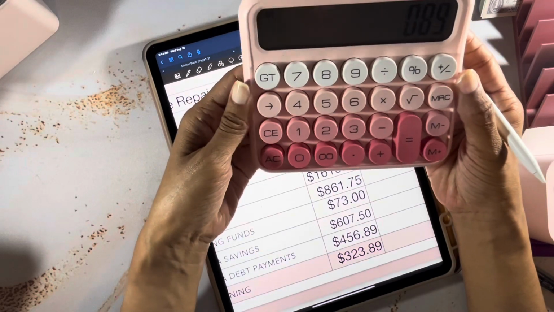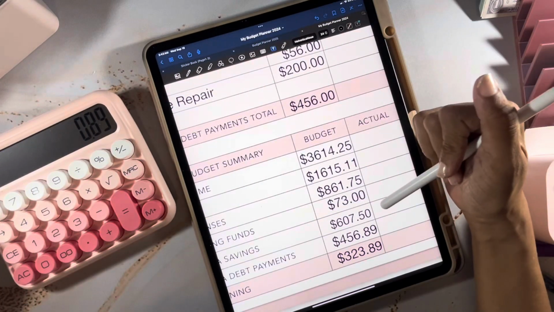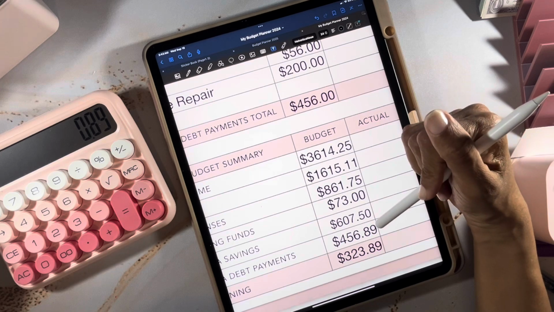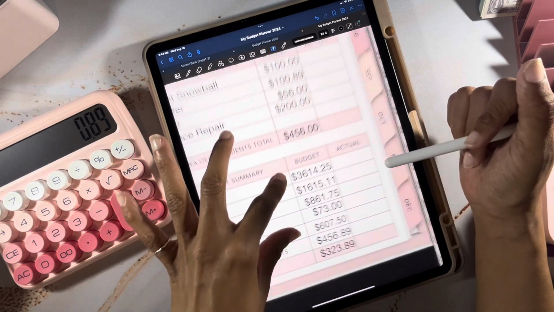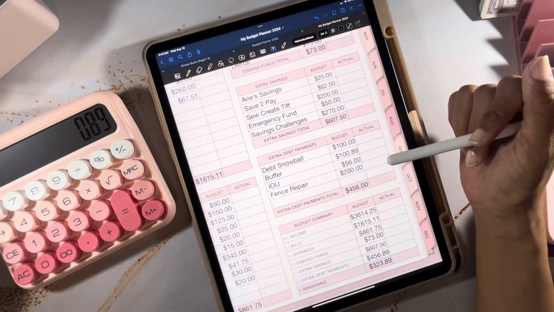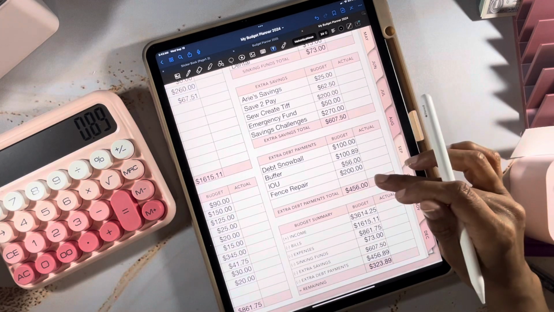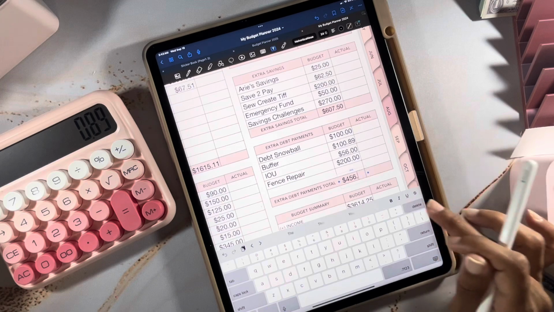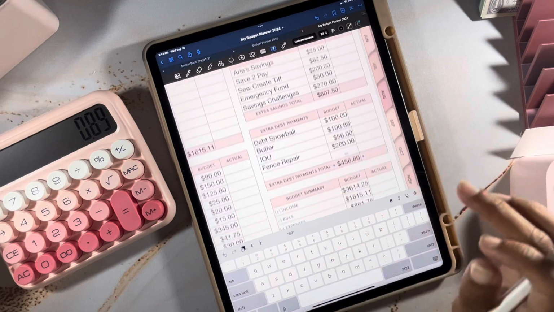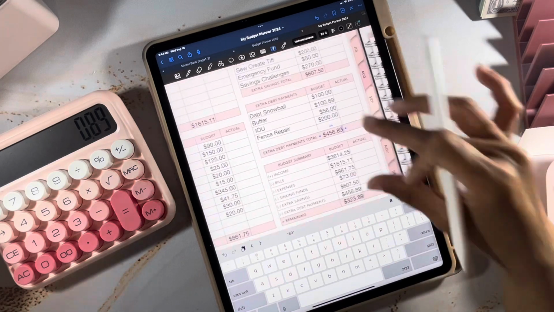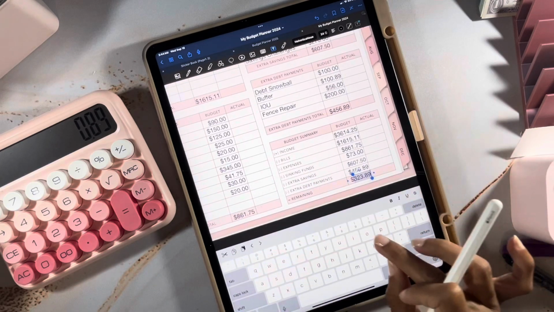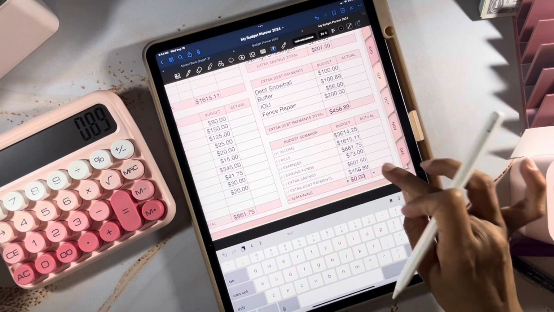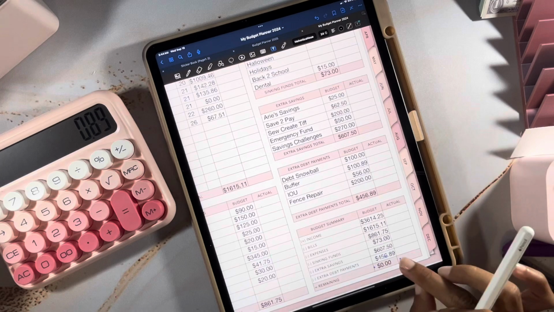What is going on? I thought I put the 89 cents here. Oh, I don't think I added the 456.89. Okay, so we're going to say it's zeroed out now. So I have a zero base budget now. So every dollar has a name.